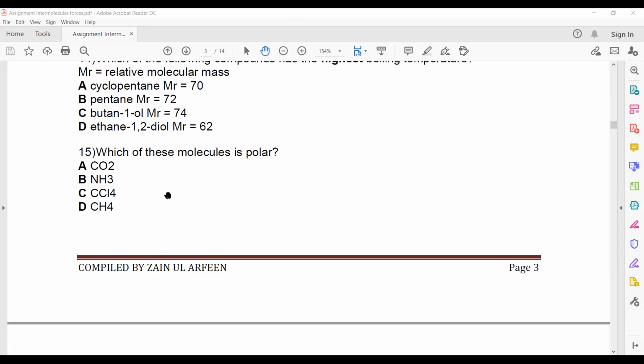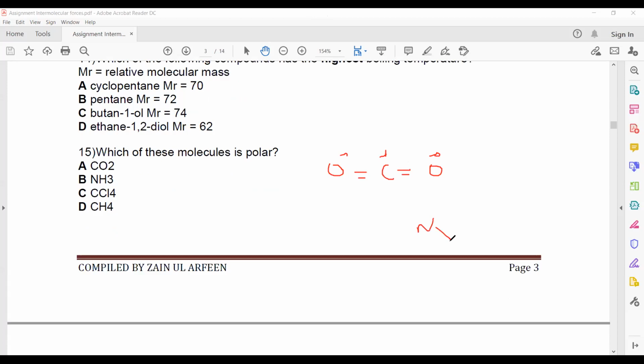Which of the molecules is polar? Carbon dioxide, ammonia, carbon tetrachloride, methane. Carbon dioxide bonds are polar, but the molecule is non-polar because it's a linear structure, so they cancel out each other.